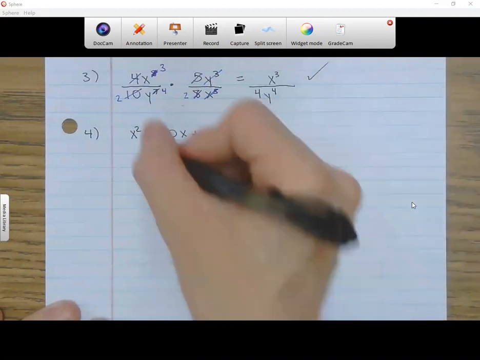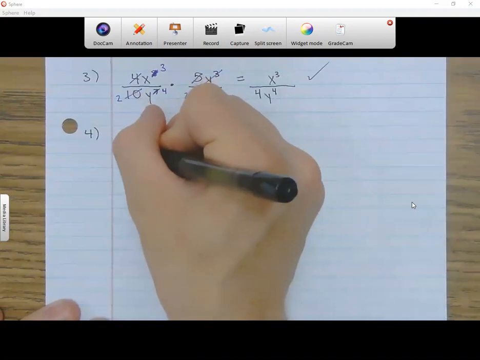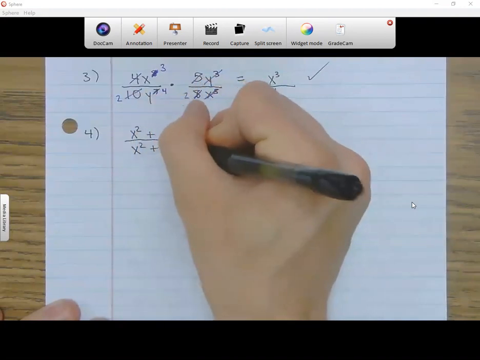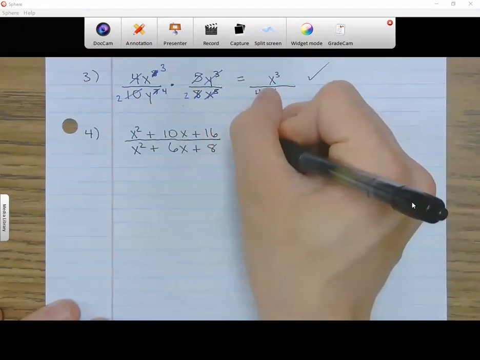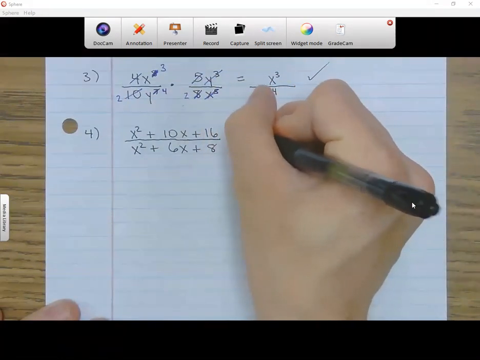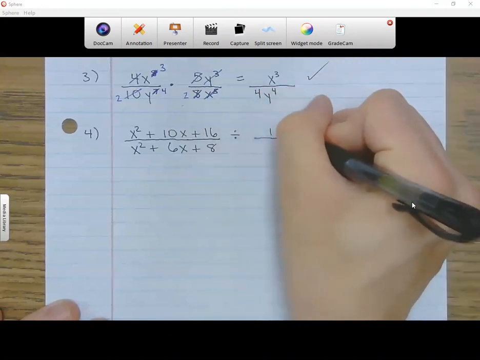And on the bottom, I have what? x squared plus 6x plus 8. And we're going to divide everything by what? 1 over x plus 4.